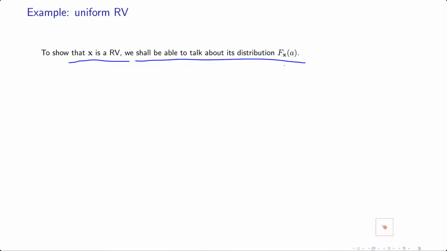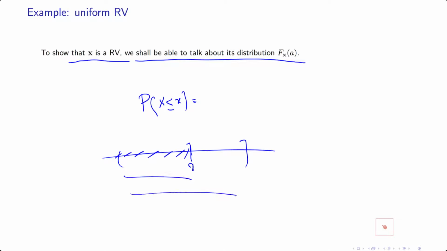So it means that I have to be able to determine the probability of X smaller than or equal to x. So obviously, this means the probability of all those X's, so if your x is here, the probability of this area, which is equal to this length divided by total length, which is equal to x, if obviously x is between 0 and 1.